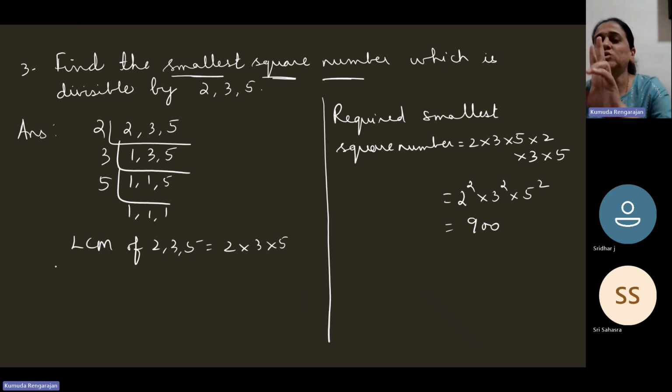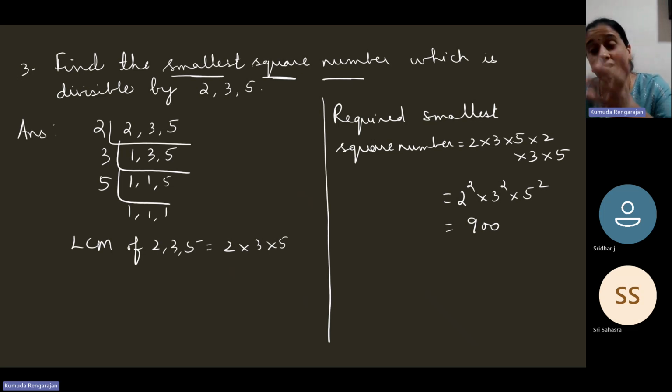See, I'll tell you two answers. Two answers meaning I'll tell you two different things about this question. The smallest number is 30. 30 is the smallest number that is exactly divisible by 2, 3 and 5. The LCM is the smallest number that's exactly divisible by 2, 3 and 5.